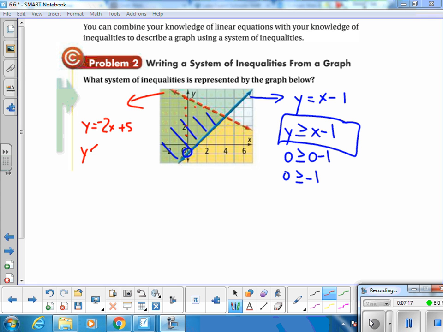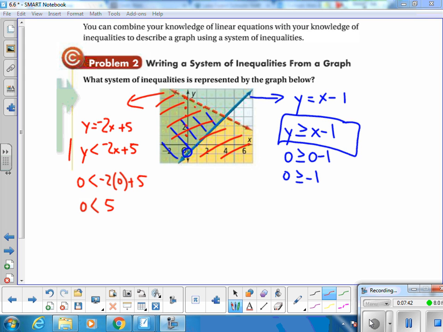I'm going to go less than -2x plus 5 and see if 0, 0 works on this case. So is 0 less than -2 times 0 plus 5? 0 is less than 5. Is 0 less than 5? Yes. So it is shading this direction, and we can indeed see the overlap is happening.